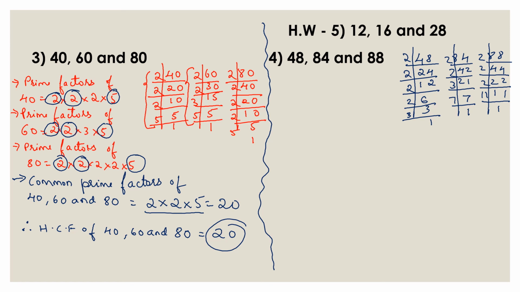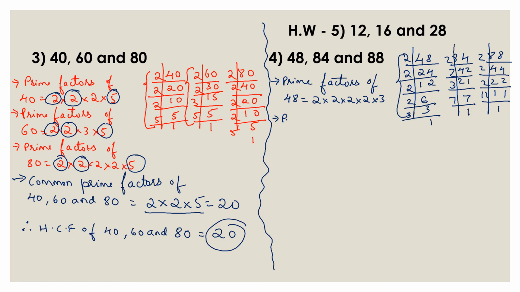Now let's write the prime factors. Prime factors of which number? 48. So observe which are the prime factors of 48. 2 into 2 into 2 into 2 into 3.